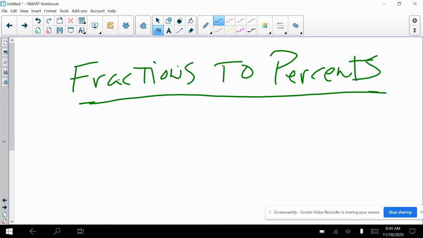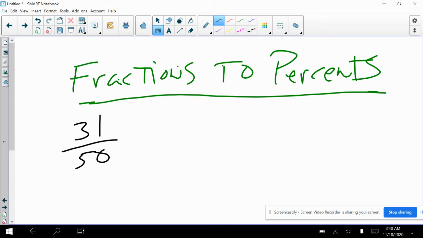Okay, so if we have the fraction, let's start off easy here. If we have the fraction 31/50, again, what's the goal in order to find the decimal? What do you want to do to the denominator here? Okay, very good.